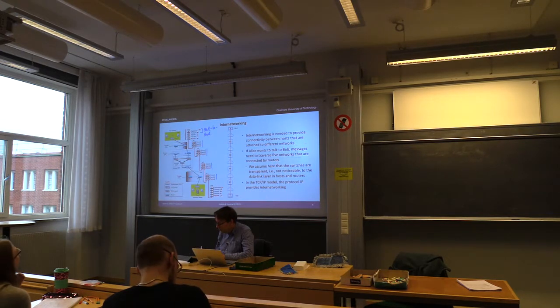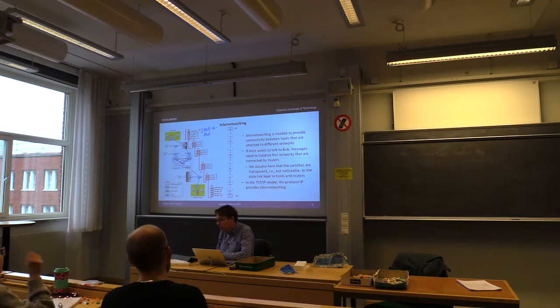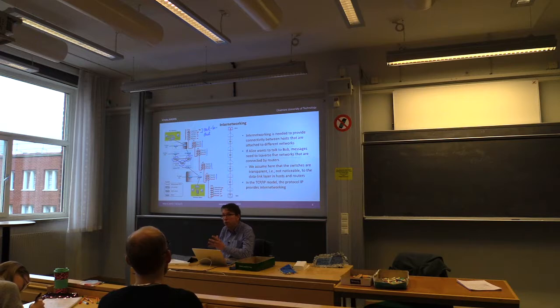Now, you might want to argue, so what about this switch here and about these switches here? As we will see later on, these switches are often run in transparent mode, so they're not visible to the network layer which is on top of them, or the data link layer which is on top of them. So they're not counted here.